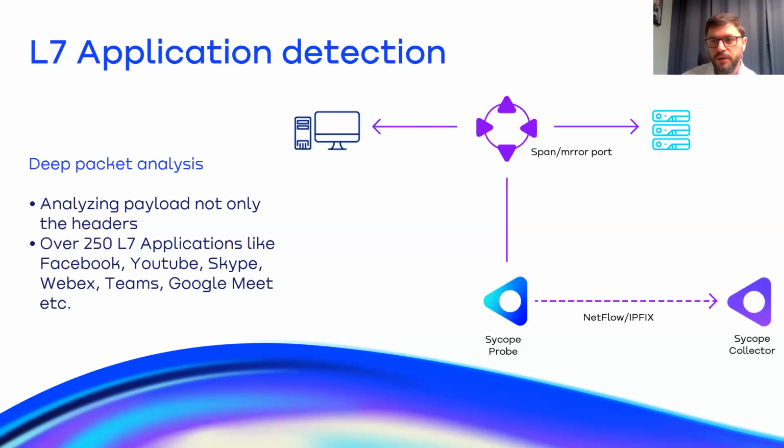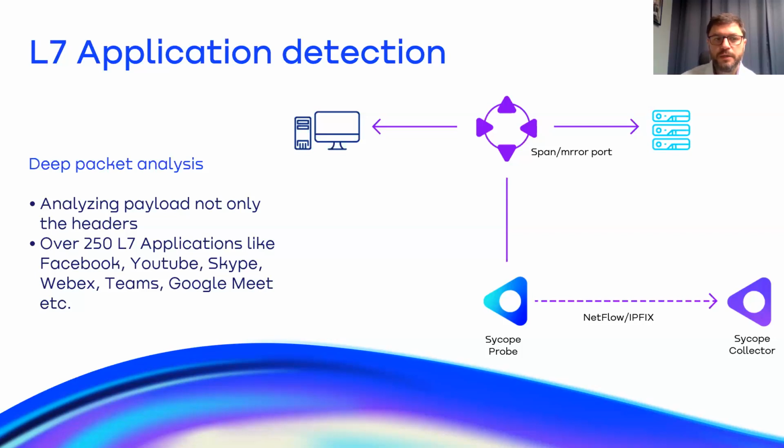The typical flow exporter can show us that this is HTTPS communication, but the probe can analyze the payload and tell that, okay, it looks like HTTPS communication, but indeed it is YouTube or Facebook or Teams or WebEx or something else.